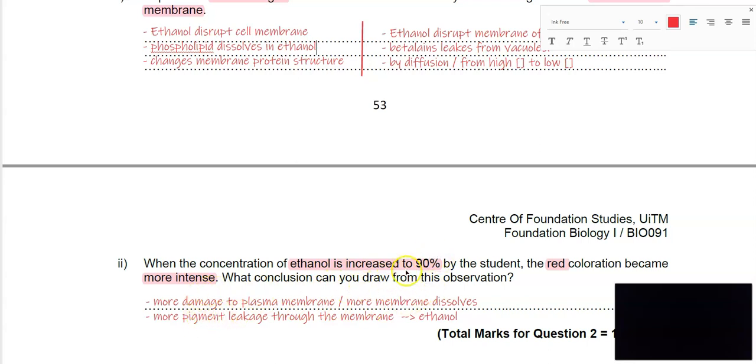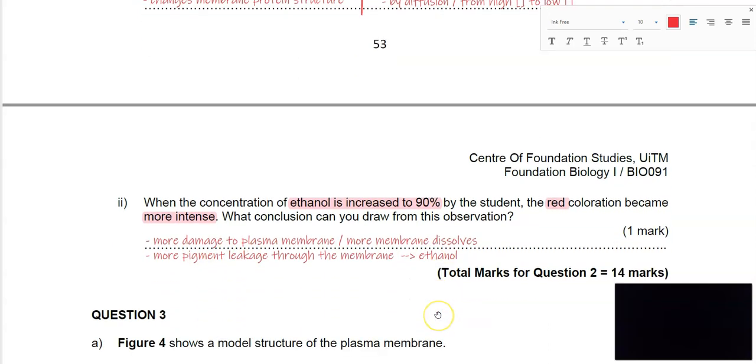When you increase the concentration of ethanol, obviously it causes more damage to the plasma membrane of the cell, or it causes the membrane to dissolve more. More of the membrane dissolves and causes more pigment to be released from the cell and into the ethanol.